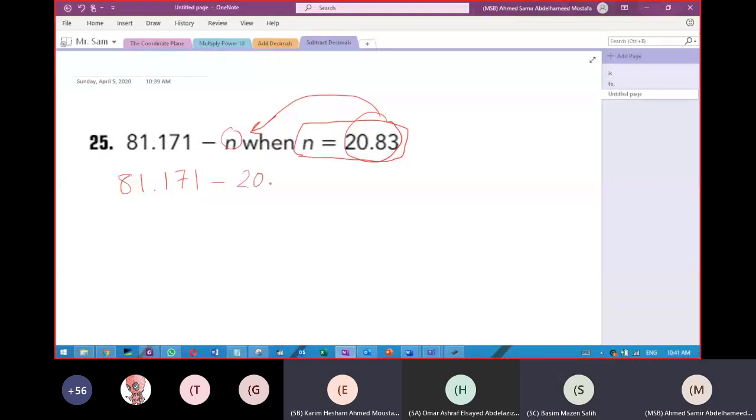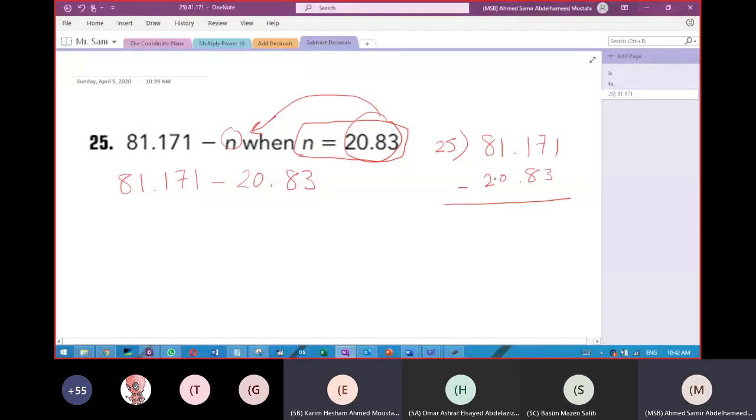All right. Would you like to align it, or would you like to do it this way? I want to align it. Okay, go ahead. Give me numbers. So number 25 again is 81.171 minus 20.83. Can you subtract? Yes. Okay, go ahead.